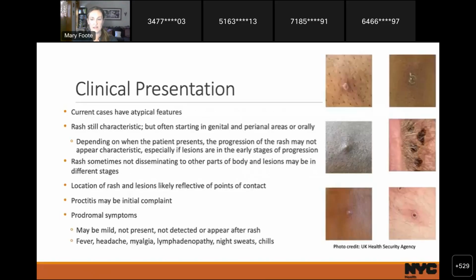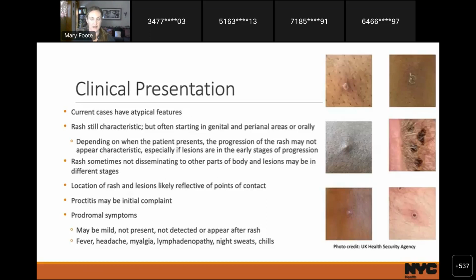And so looking at the clinical presentation, just to take a step back, we have the traditional way that we've thought about the clinical presentation prior to this outbreak, and then I'll talk about how this is a little different. Traditionally, we think about the evolution as, first, the development of flu-like symptoms, what we call the prodromal illness, which the patient would probably have for a few days before they start to develop a rash.